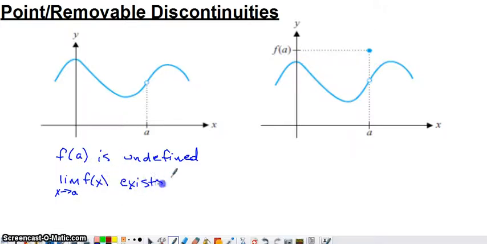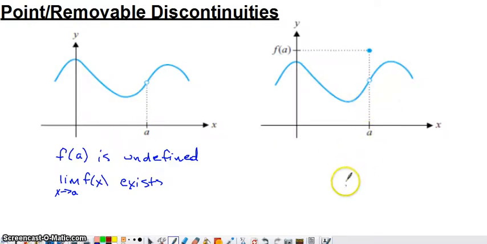Okay? When you have a situation where your function's undefined but the limit exists, meaning you're approaching the same y value from both sides of the x that you're considering, you are going to be looking at a place where you have a removable discontinuity. You just have to fill in that one location where the function's undefined with a closed circle.